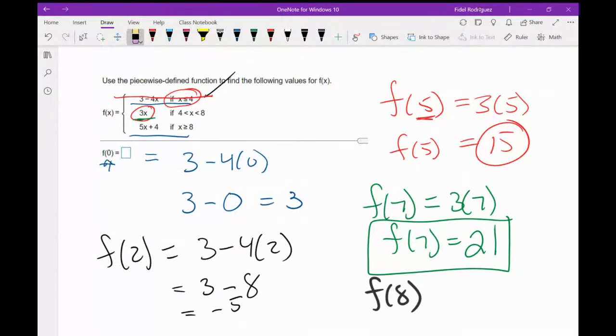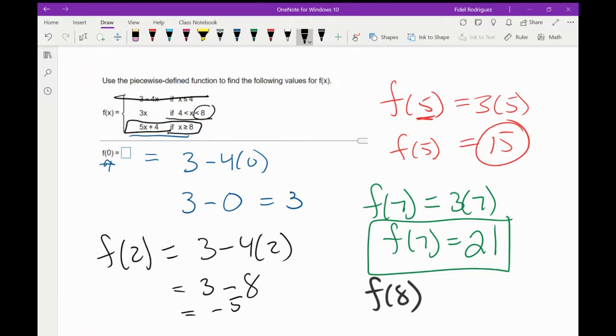Okay, so now we know we're not using the top part, so I'm going to scratch this out. Now, this one says it needs to be between 4 and 8, but it's not actually including 8 because it doesn't have the little line. It says if my number x is 8 or more, then I'm going to use that bottom piece, because x is bigger than or equal to, right? That's why it has that little line underneath. That means equal to. So bigger than, arrow points to the right.